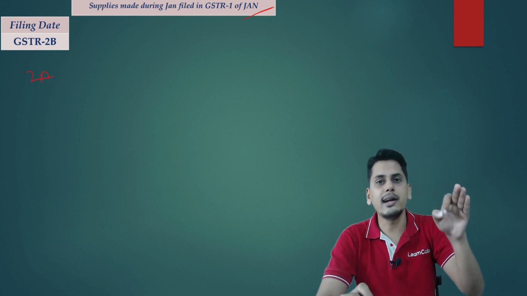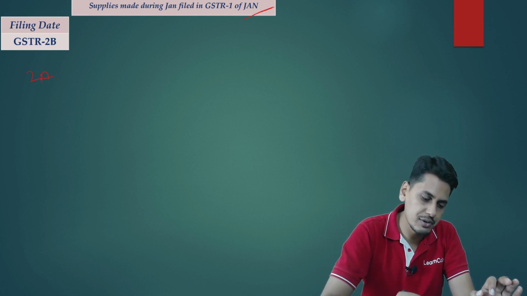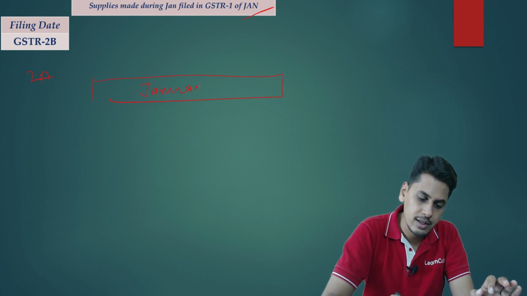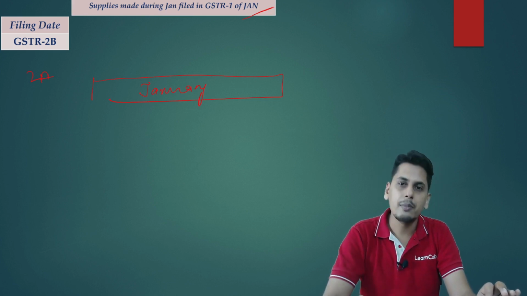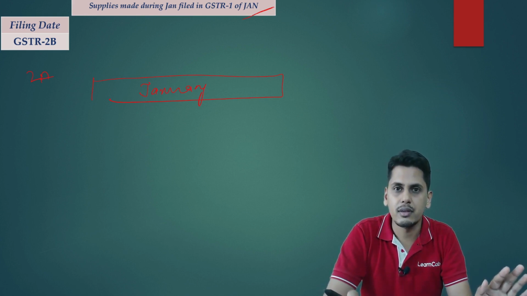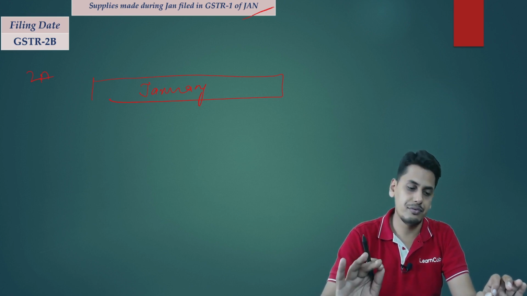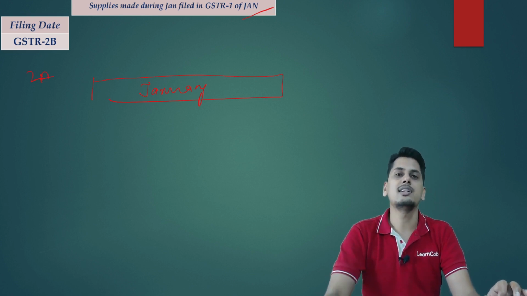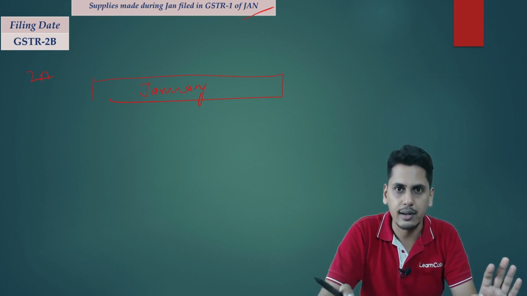When supplies which are made during Jan are included in GSTR-1 of Jan, it will always appear in GSTR-2A of Jan only, whether this GSTR-1 of Jan is filed in February, is filed in March, is filed in April, it doesn't matter. Once it has been included in GSTR-1 of January, it would appear in GSTR-2A of January, irrespective of the date of filing the GSTR-1.